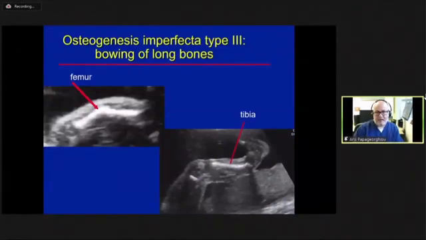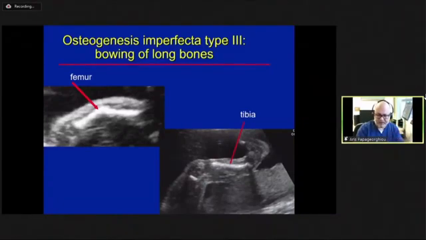Here we've got a case of osteogenesis imperfecta type 3, which is a much milder phenotype, with bowing of the long bones, and it can be difficult to distinguish from bowing fractures. Perhaps Saha can comment on that later in the discussion, as to how much over the years we've improved, or maybe not, in telling apart bowing of long bones from actual fractures.